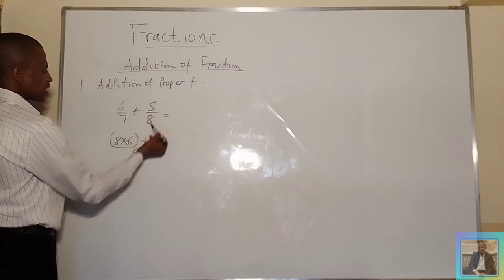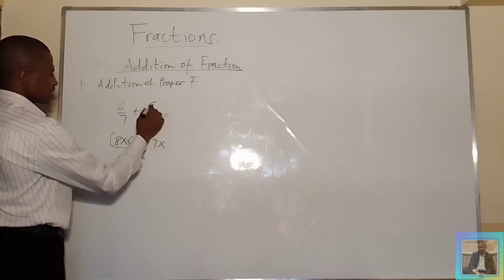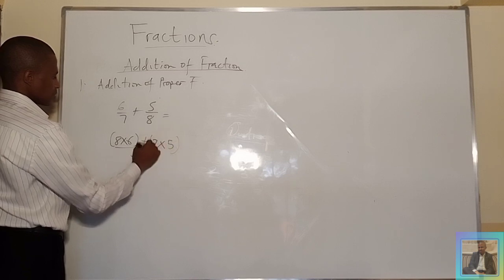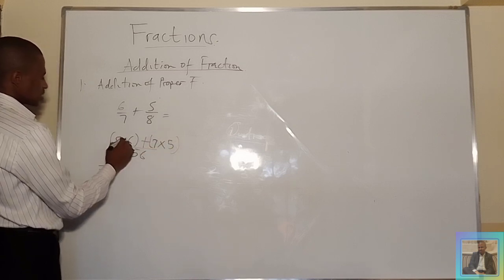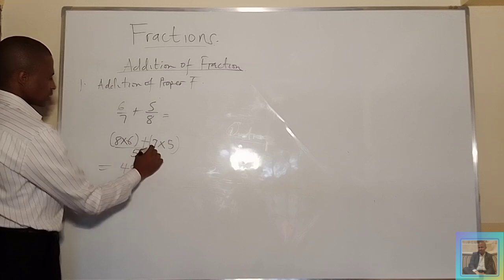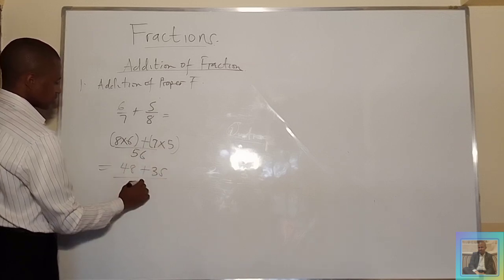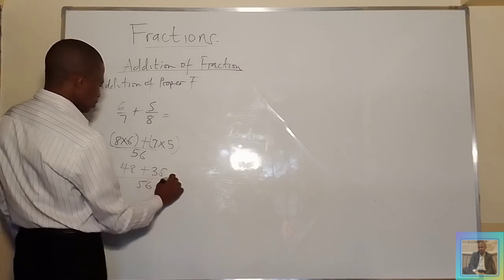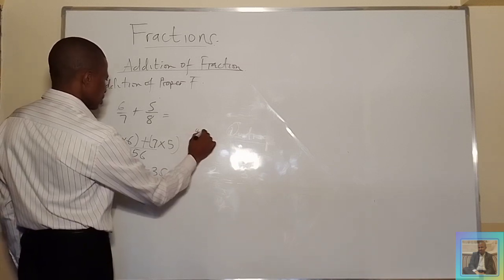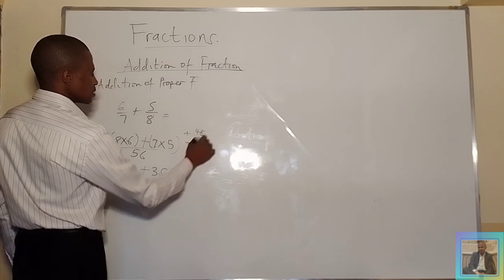Then we multiply it by the 5 that we have. 8 times 6, 48. 7 times 5, 35. And then over 56. What will this give us? 48 plus 35. That's 83 over 56.